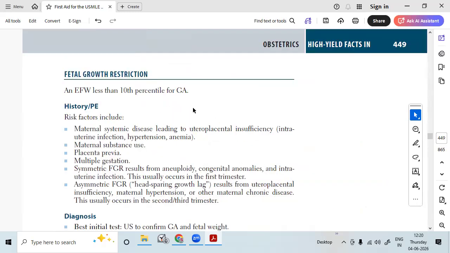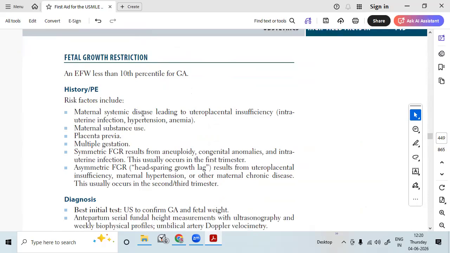Fetal growth retardation: an estimated fetal weight less than the 10th percentile for gestational age. History: risk factors include maternal systemic disease leading to uteroplacental insufficiency, intrauterine infections, hypertension, and anemia. This is the definition of growth retardation.